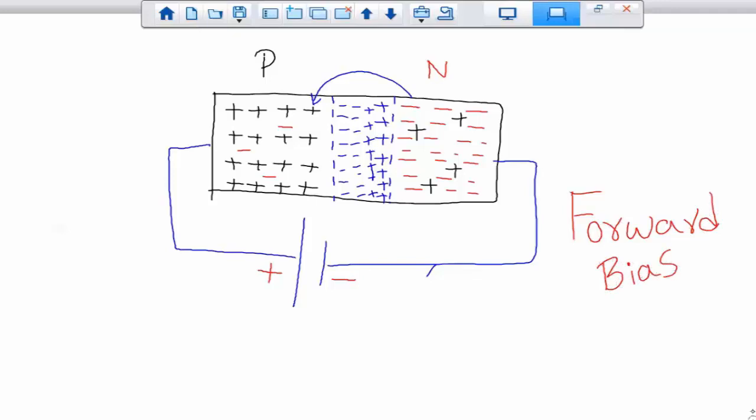If you flip it, that would be the reverse bias condition. So that means negative on this side, positive on this side, connected to the same p-n junction. Then you can say it's a reverse bias condition.